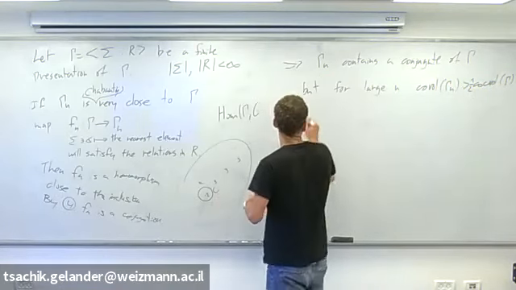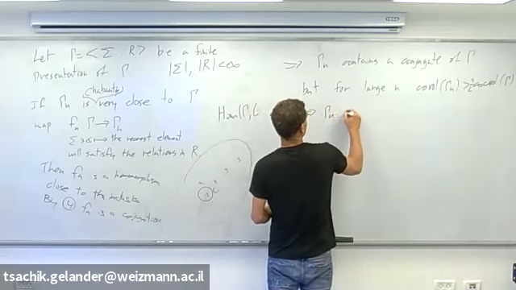So it cannot be. So this implies that gamma n is a conjugate.